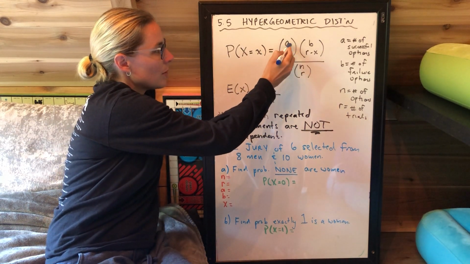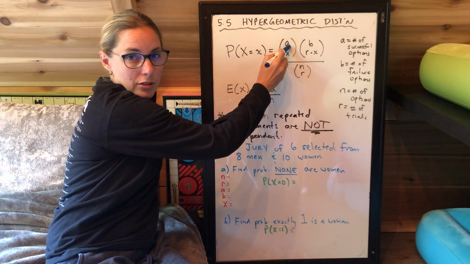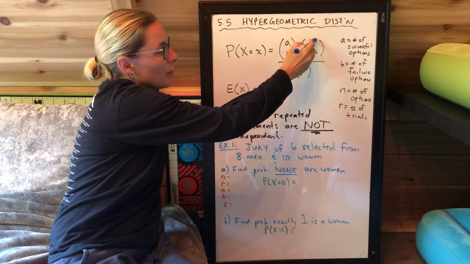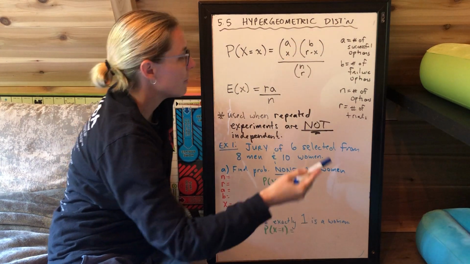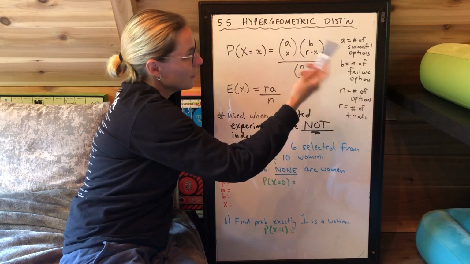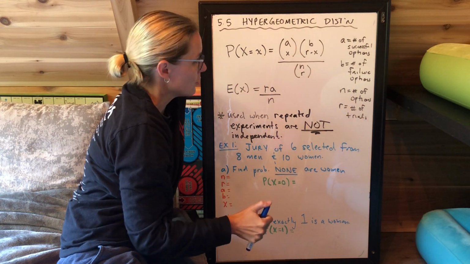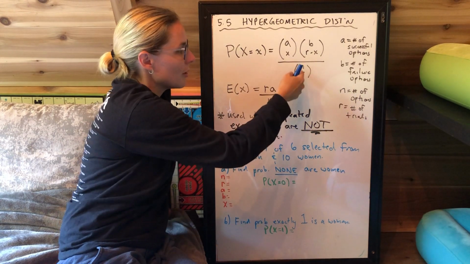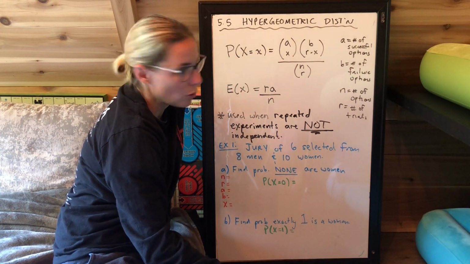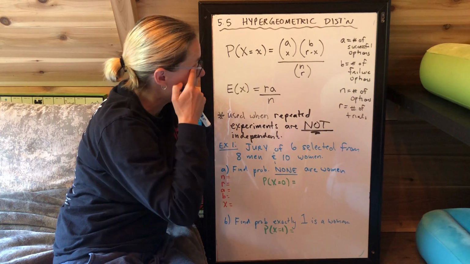You take the number of possible outcomes that you consider a success and choose the number you want out of that. The number of possible outcomes that you are considering a failure and choose the rest. And then the bottom, as normal with the probability, is n choose r: take the total number of possible outcomes and choose the total number of objects, or items, you're actually choosing.